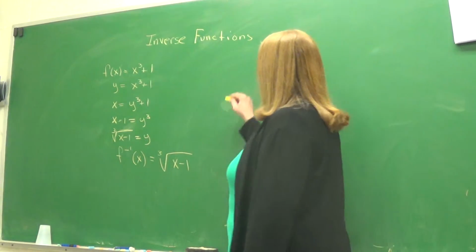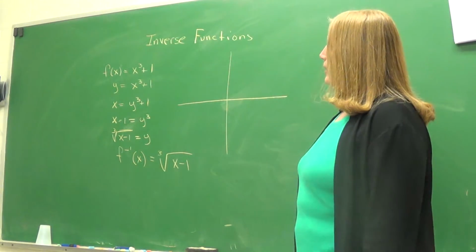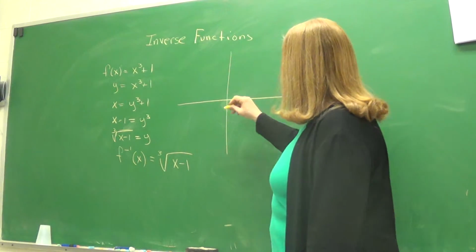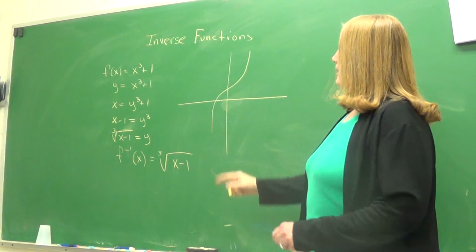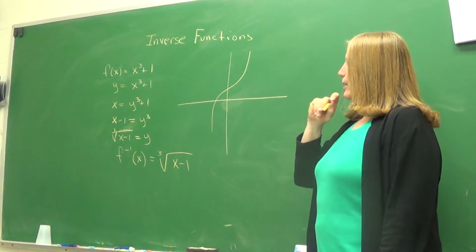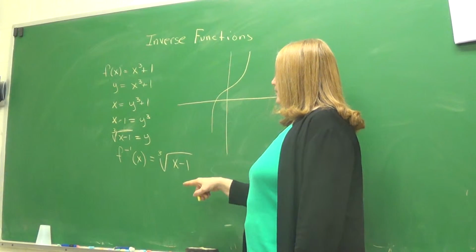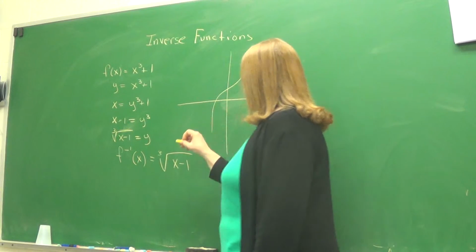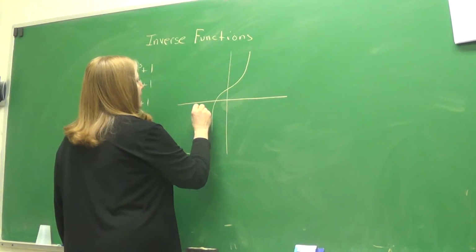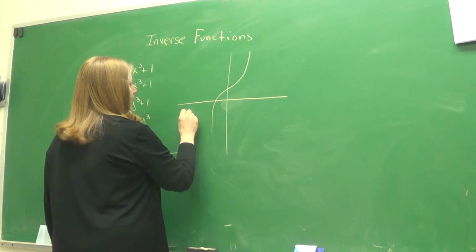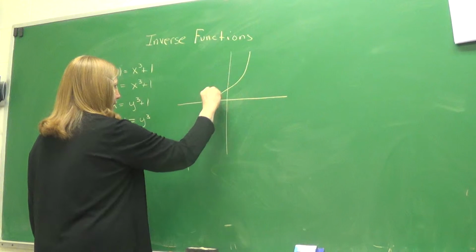Do you recall how they appeared on a graph? Well, let's look at this example. X cubed plus 1 is this graph raised up 1, and the cube root of x minus 1 will look like, let's see, cube root goes like that.